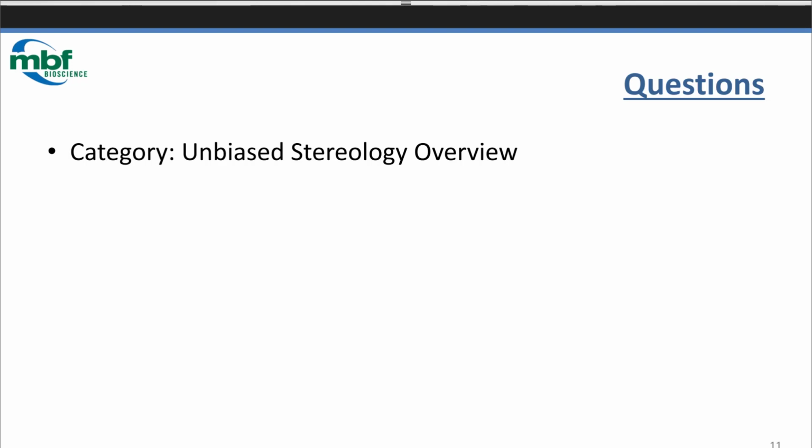So everything I'm talking about is kind of a best case scenario, but it's true that with human brain tissue, we often don't have all of the region available. So the answer to that is do the best you can and write in the paper that you did not systematically and randomly section through the whole region.